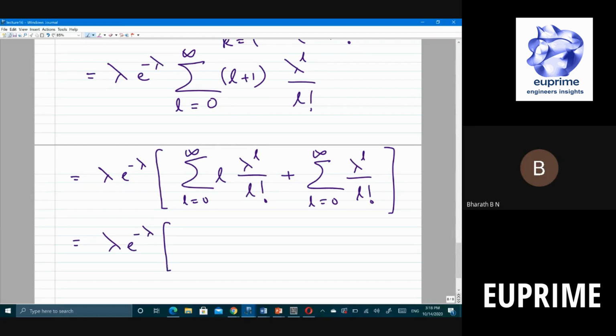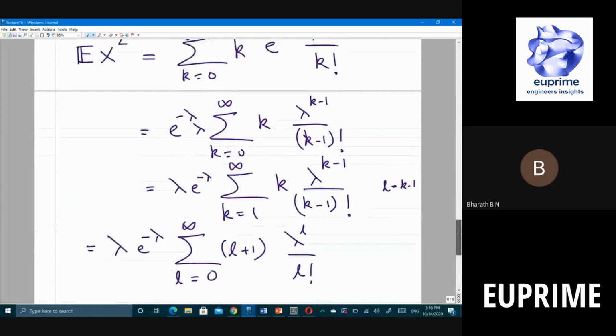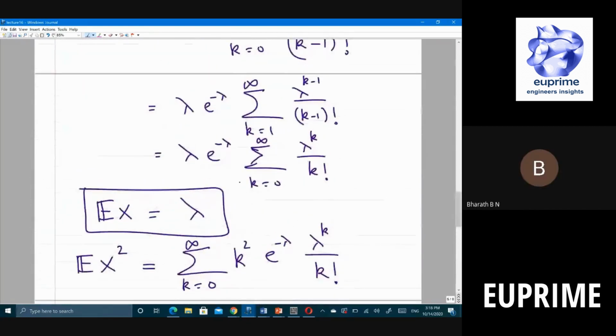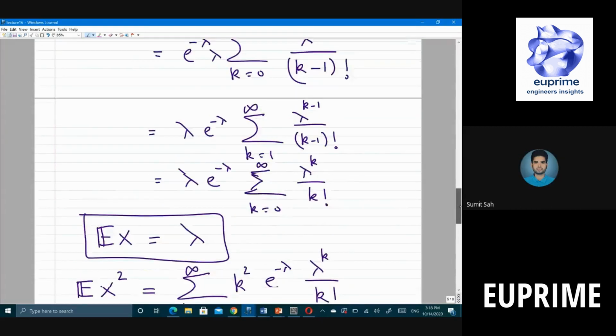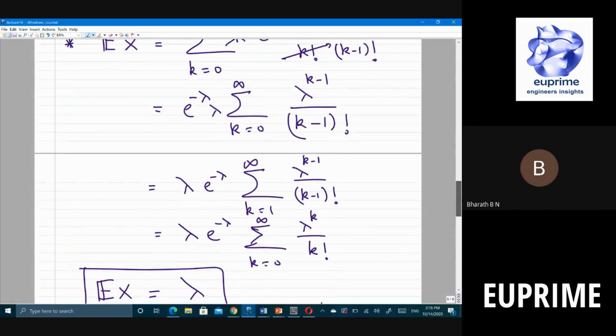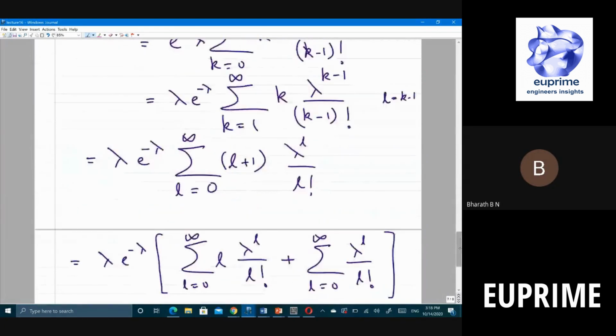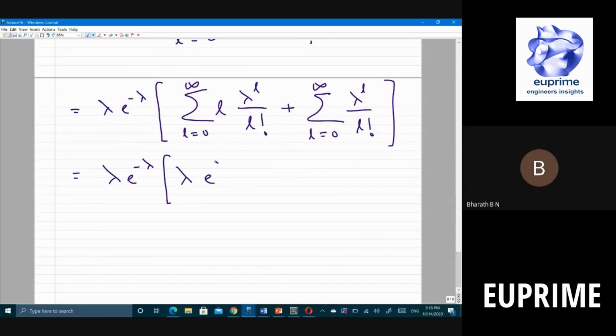This is something that we computed here, so it will be lambda e power lambda. Plus the second term, which will be e to the power lambda. So what do you get? Lambda times e power minus lambda and e power lambda cancels, giving lambda times 1 plus lambda. Do you agree?